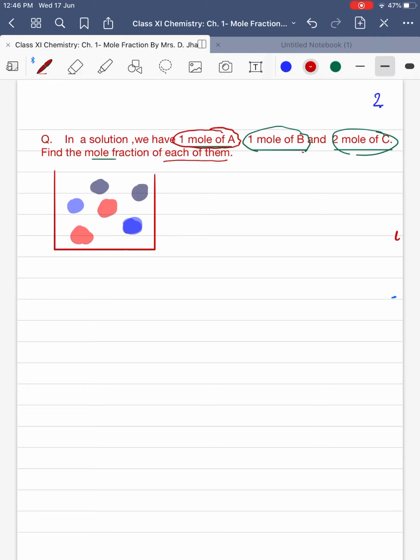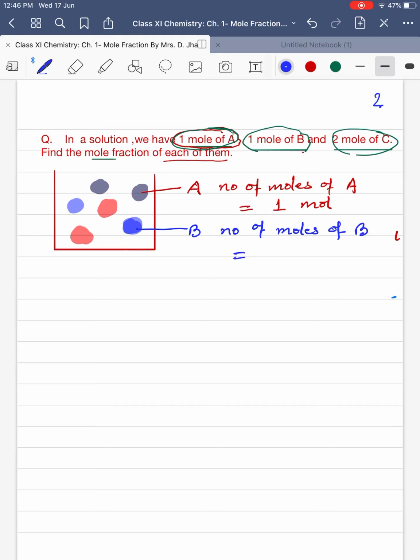Number of moles of A component is 1 mole. It is given here. Then the number of moles of B component is equal to 1 mole.